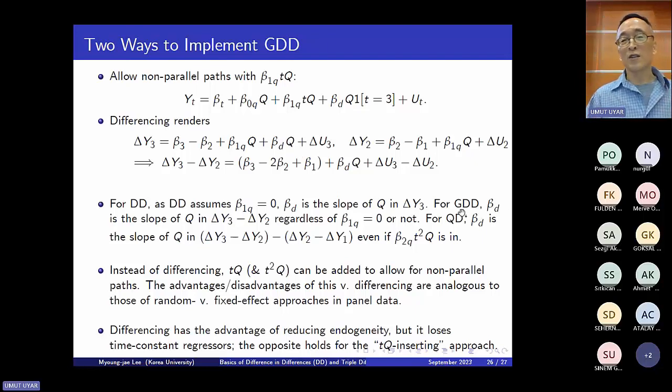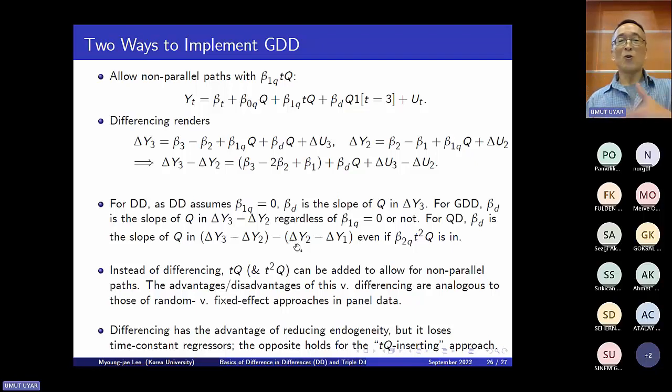In generalized DD, desired treatment effect is the slope of Q in the second difference form. If you go third difference, then you still find beta D as slope of Q, and this approach will be quadruple difference.